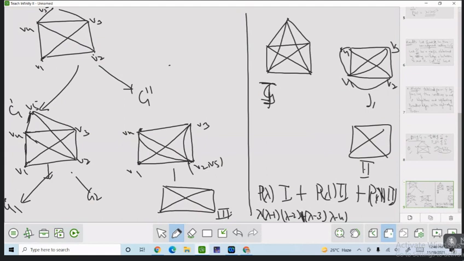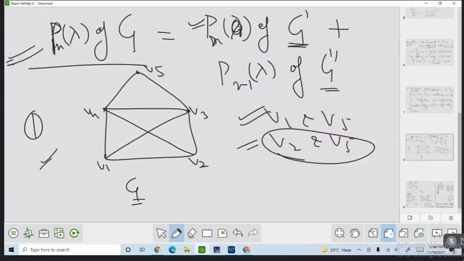Clear? And what is the chromatic polynomial of these two? Because these are complete graphs of 4 vertices, I can write double of lambda, lambda minus 1, lambda minus 2 and lambda minus 3. Okay, and you can take the common factors lambda, lambda minus 1, lambda minus 3, and you can solve. After solving you will obtain the chromatic polynomial of this graph. Clear?